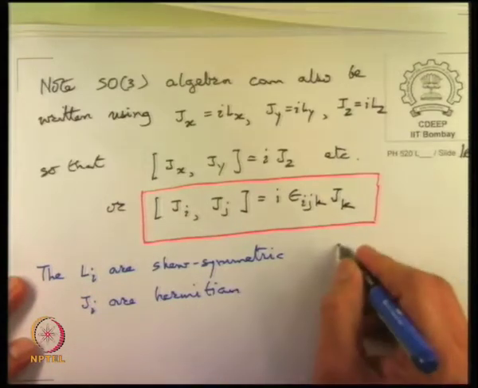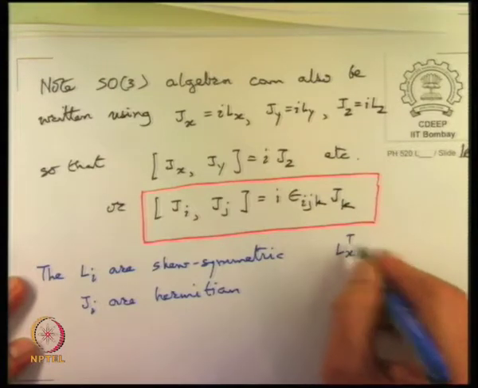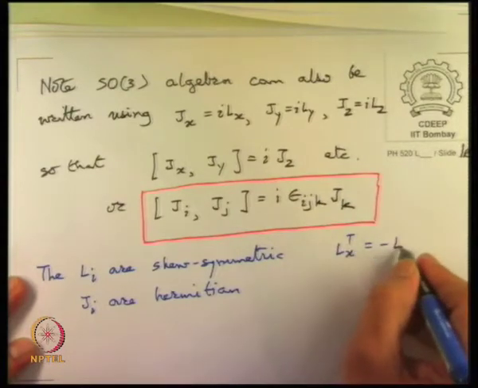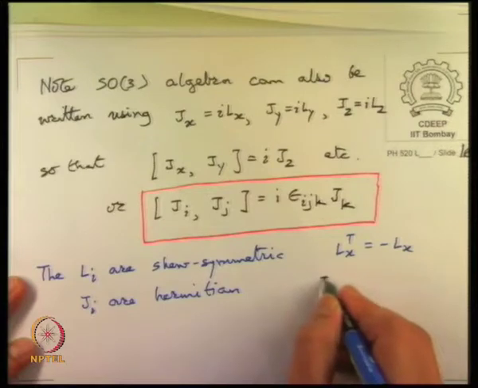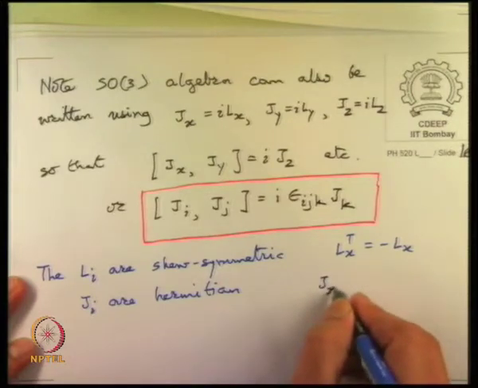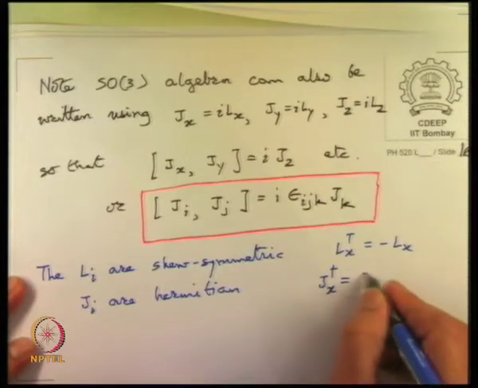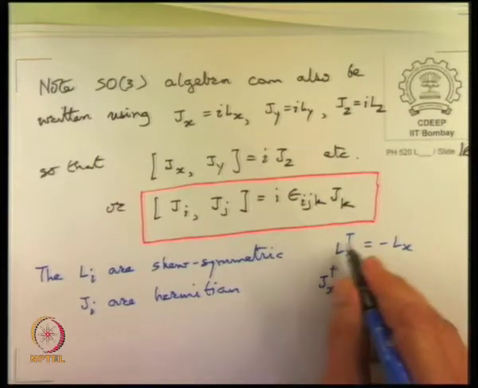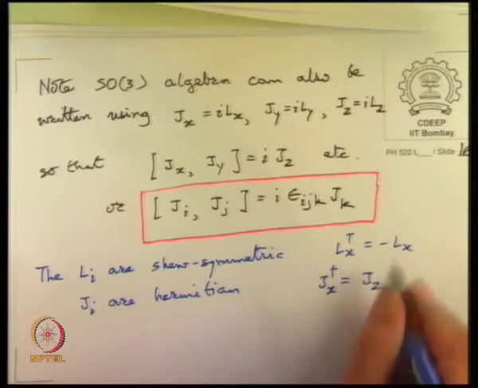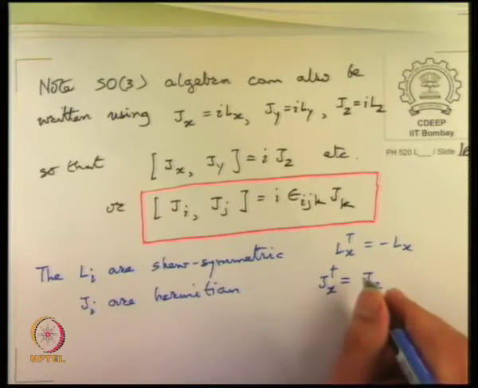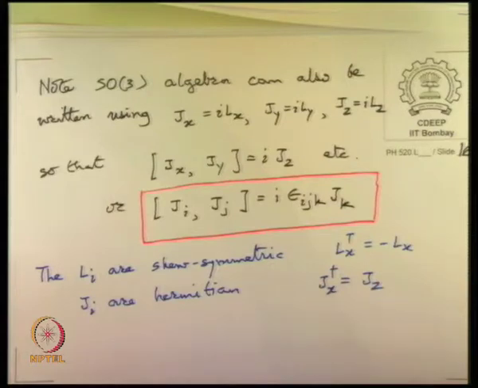So Lx transpose equal to minus Lx, but Jx dagger is therefore going to be equal to Jx, because there will be a minus sign from transposition of the real part and a minus sign from the I being complex conjugated. So I will just get J dagger equal to J.